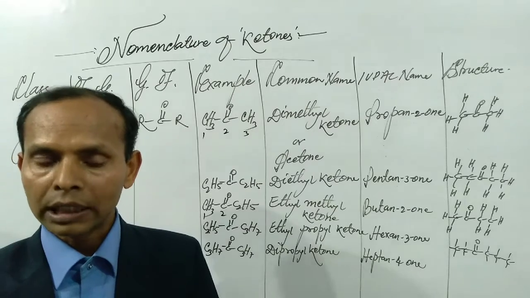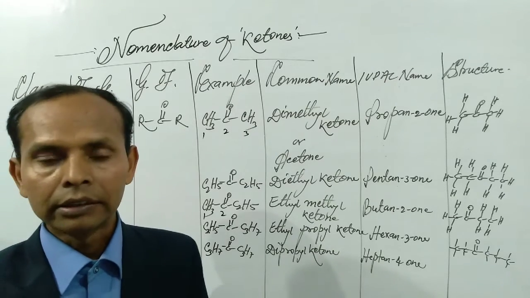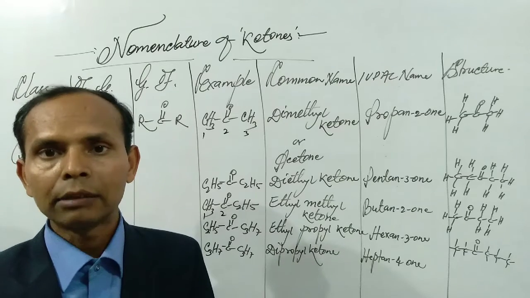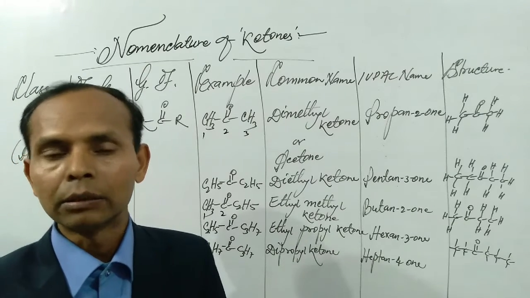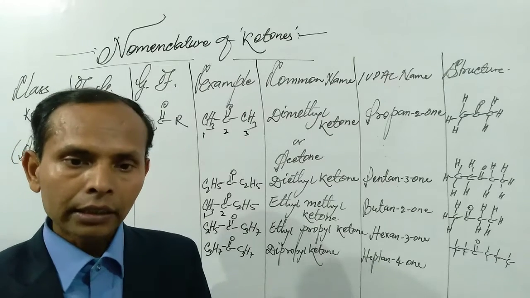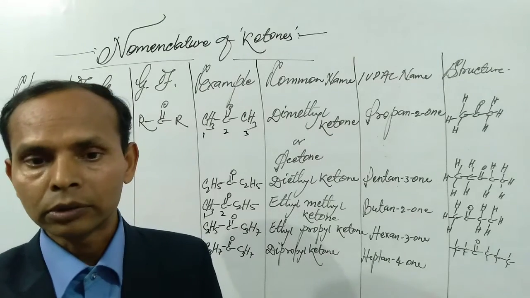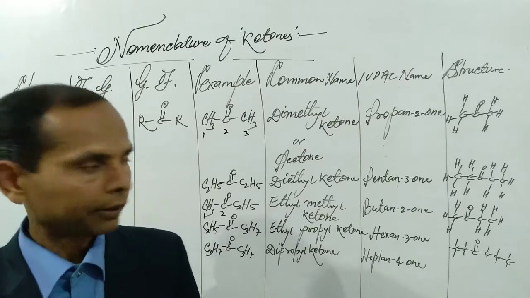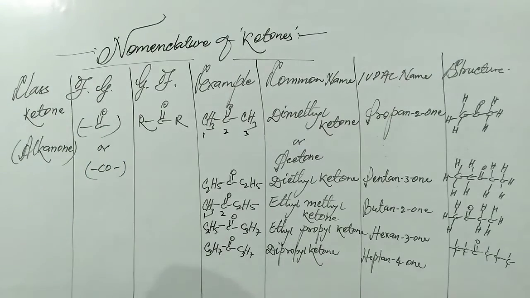In case more than 10 carbon atoms are present, that compound will be a complex organic compound, and branches occur in such compounds. So we have to take only up to 10 carbon atoms to give the name of such compounds in all the cases. In this way, we see that the nomenclature of ketone is completed.